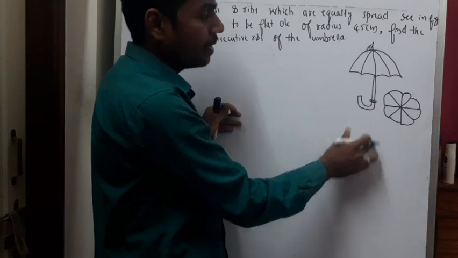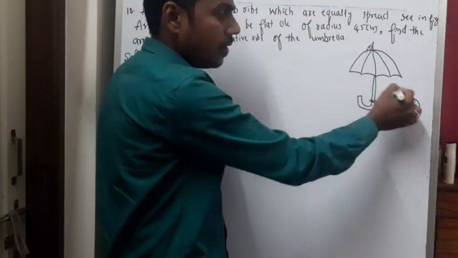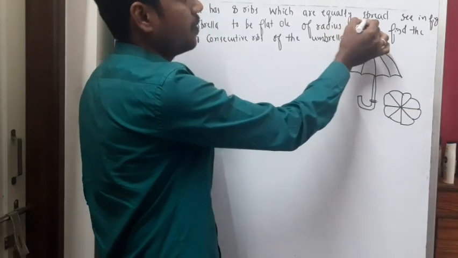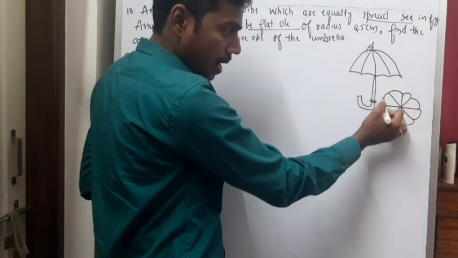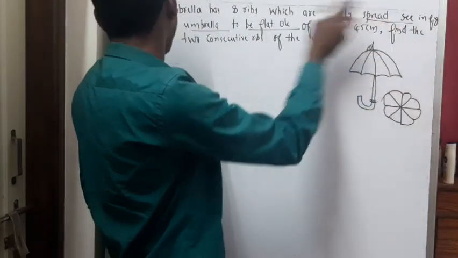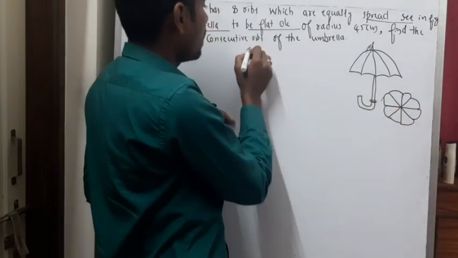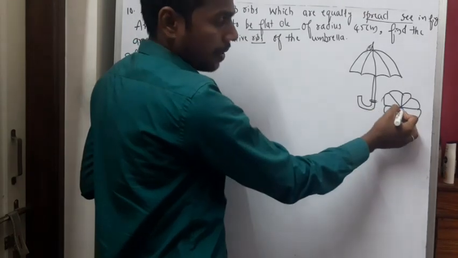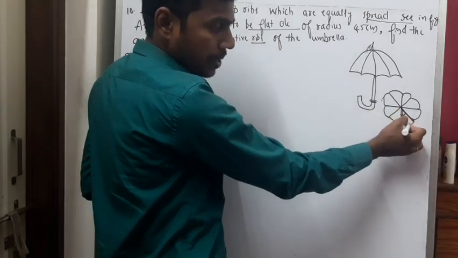They are asking us to assume it is a flat circle. So these are the consecutive ribs, and this is the area between two consecutive ribs.